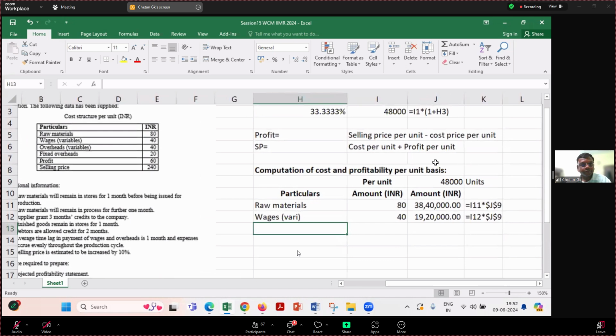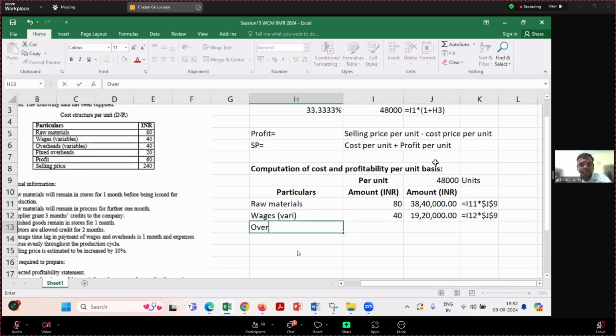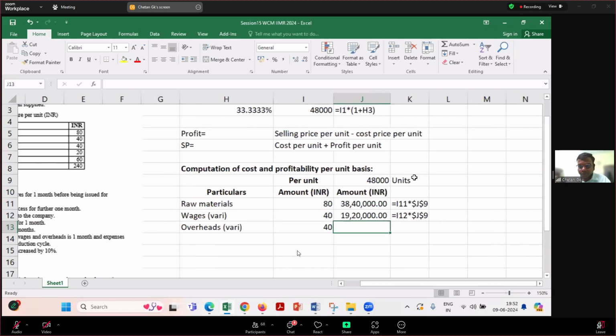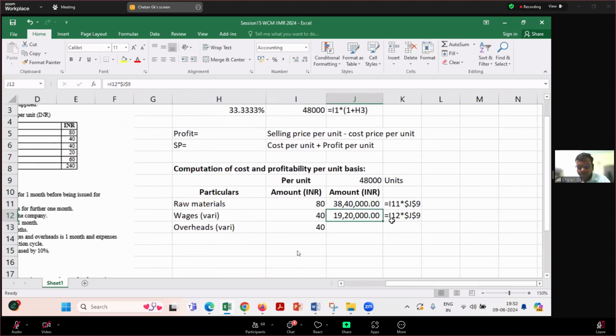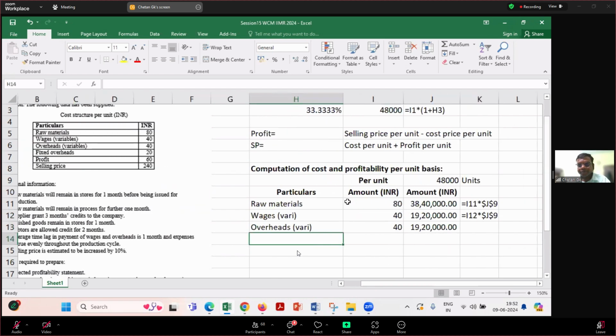Next is overheads. Variable overheads, so unit cost is 40.